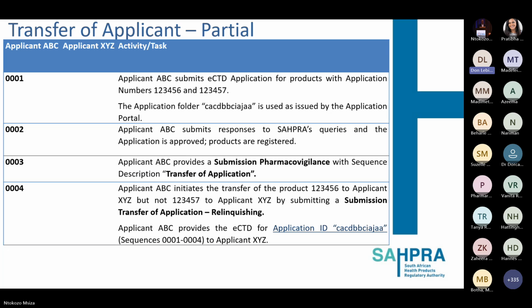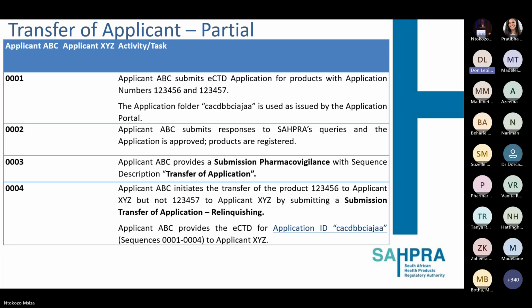Okay. Then if you have a partial TOA, you've got two application numbers, 123456 and 123457. Your application folder at this point would be one under your relinquishing applicant. So you would submit your 0001, and at 0002, you get your registration. And then at 0003, you submit your PV information with the description transfer of application.